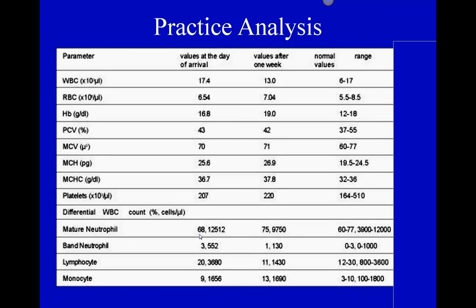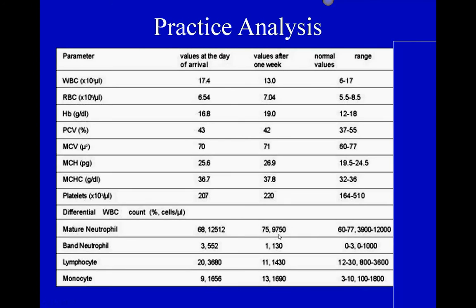And we look at what's going on with our differential then. So we have a mature neutrophil count for this first test, that the percentage is within its normal range, but the actual cell number is not. So do you see the cell numbers over here? I wouldn't get too caught up in that, but we already saw on our total white blood cell count we were already suspicious for inflammation or infection because it was elevated.